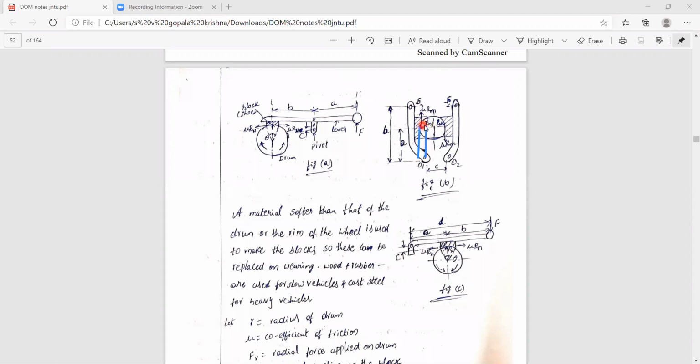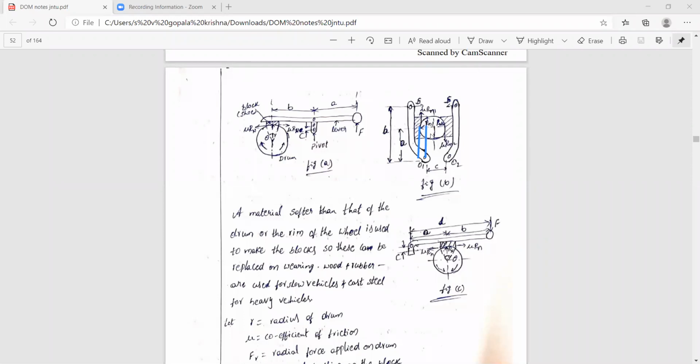When you subtract C by 2 from the radius, you get the distance. So the distance value is r minus C by 2.